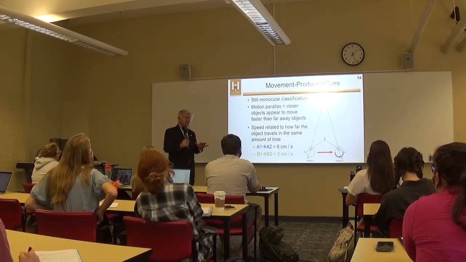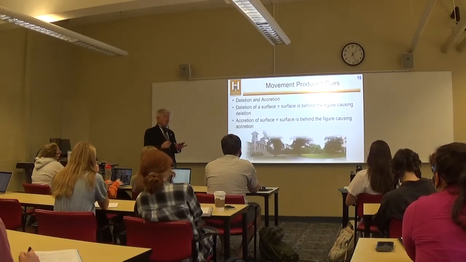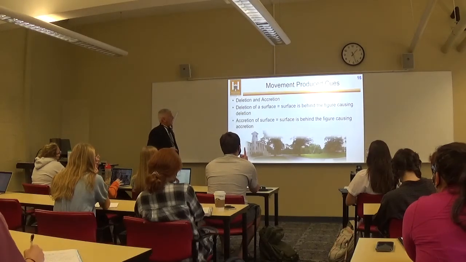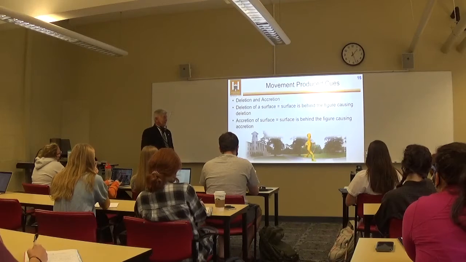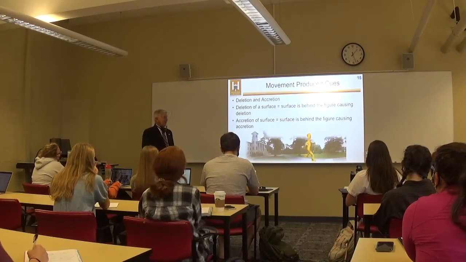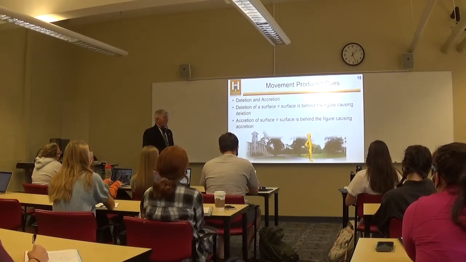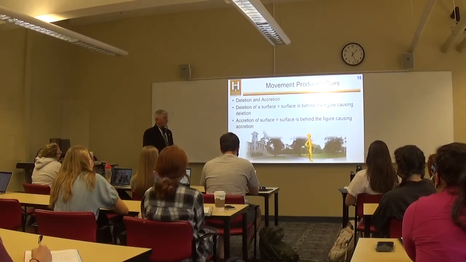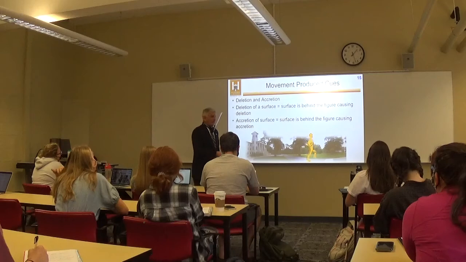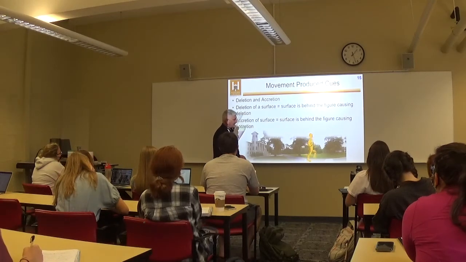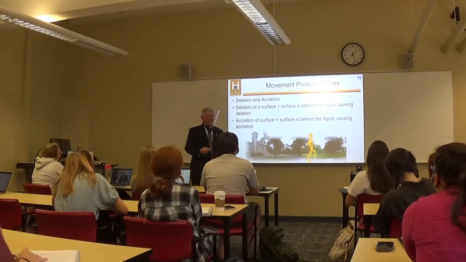Good? I mean, if this gets confusing, stop me. We'll talk about it. All right. Another thing, we talk about accretion and deletion. So my little yellow guy here, right? We know that he's walking down the pathway here and is in front of these trees and in front of that curve because of accretion and deletion. Because the foot is deleting parts and other parts are being created when it moves.